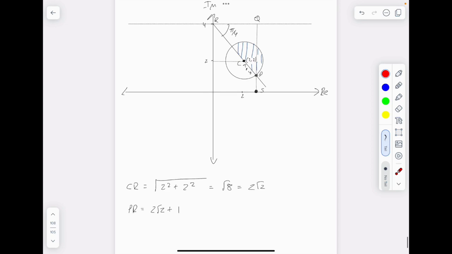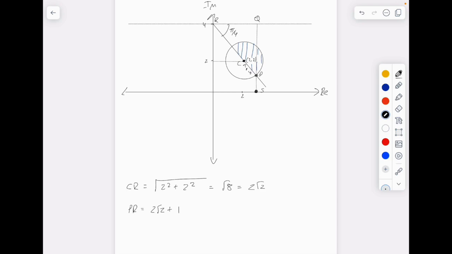Okay, because we've got the radius here plus CR here, so that's 2 root 2 plus 1. Nice. Now remember, we're trying to find the y value of P here, i.e. this PS.